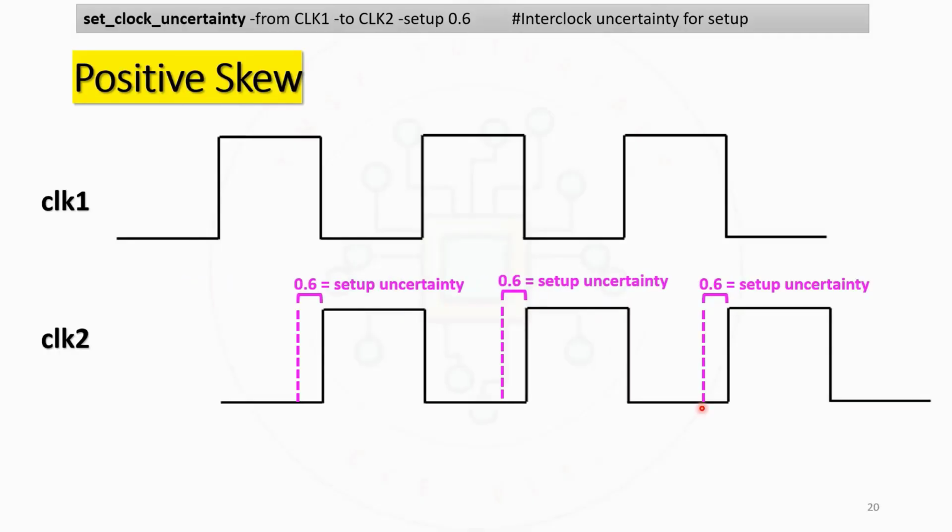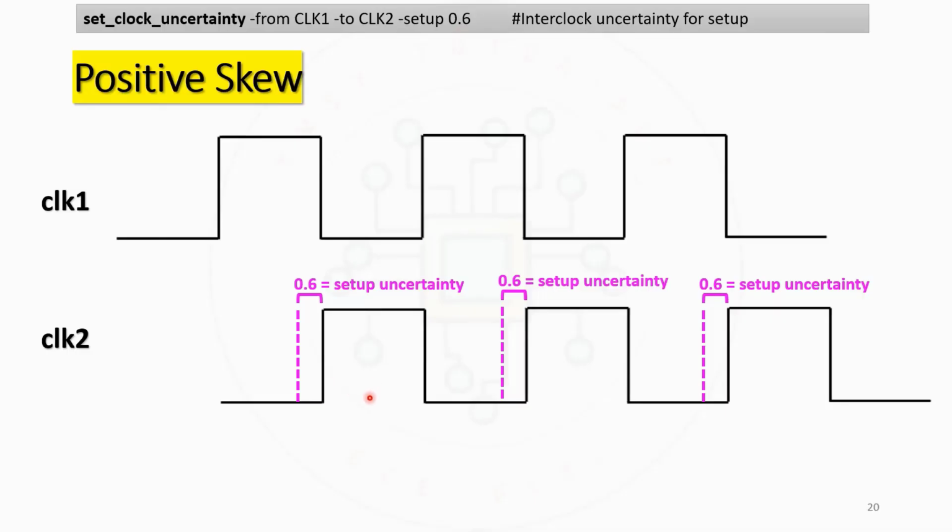Now let us see positive skew. Positive skew means clock 2 is pushed towards the right-hand side. Generally, positive skew is good for setup and bad for hold. I'll explain all those concepts in detail in the upcoming videos. For now, from the constraint point of view, look at this waveform. This is positive skew, whereas the setup uncertainty value is 0.6.